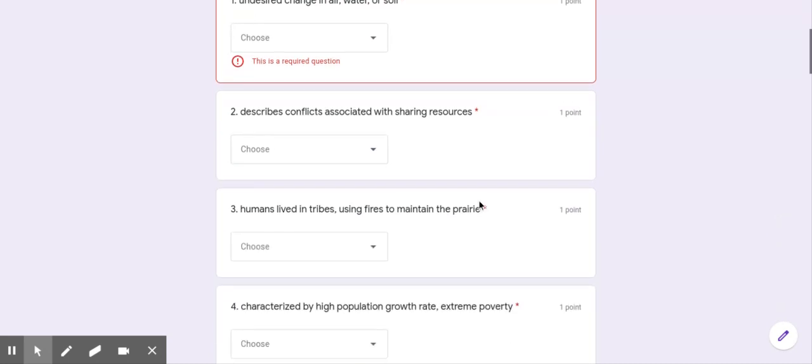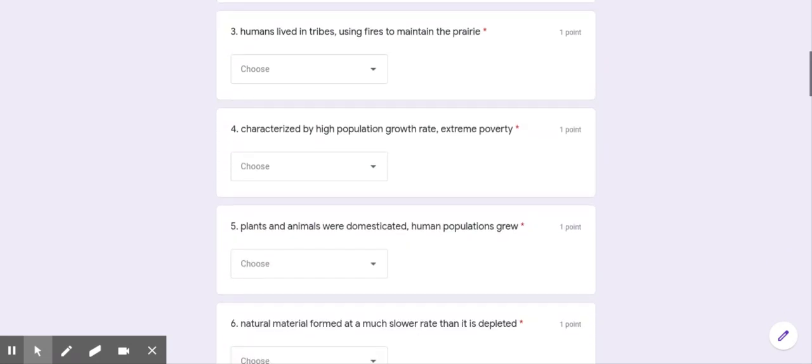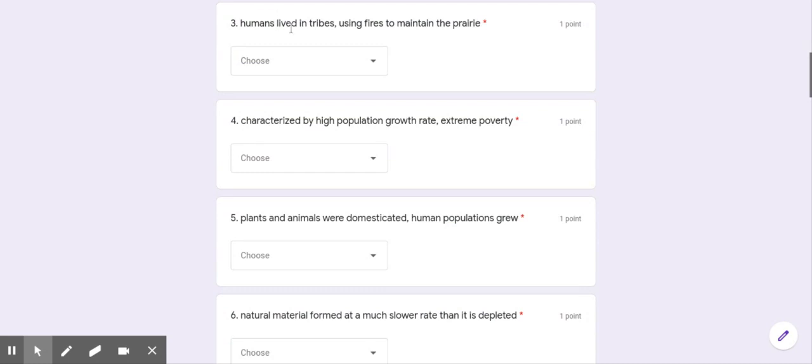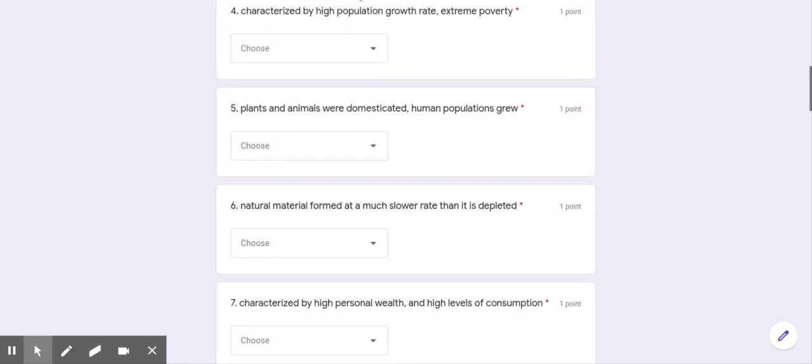Number 2, describes conflicts associated with sharing resources. Number 3, humans lived in tribes using fires to maintain the prairie. Number 4, this is characterized by high population growth rate and extreme poverty.